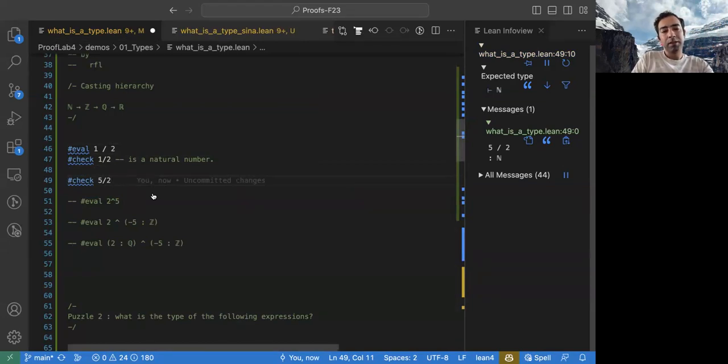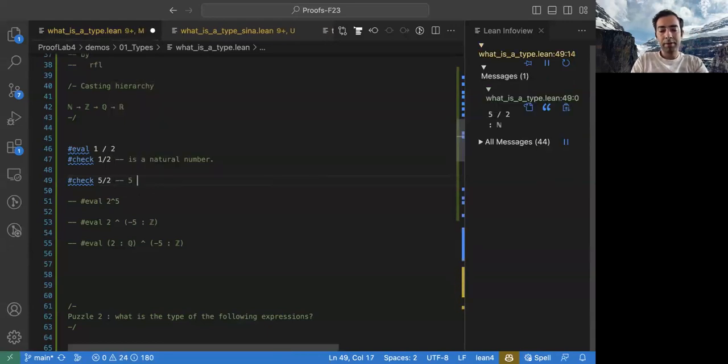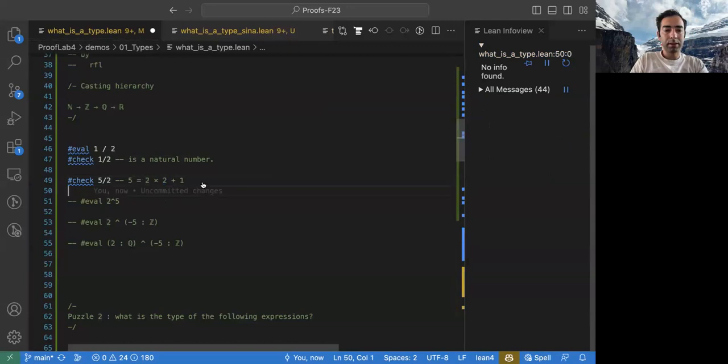Well, at least 2, but definitely not 3. So the number will be 2 as a natural number, and what happens here is you can write 5 as 2 times 2 plus 1. So it ignores the remainder and just returns the quotient. So that's sort of like the natural number division.